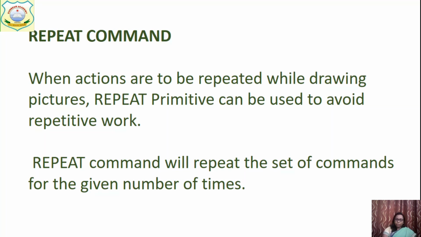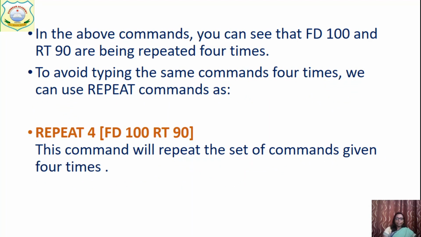Okay, so what will happen then? It will avoid repetitive work. Okay, how? That you will see. We have already done all these things, so I am giving you just a short recap of all this. See what is written here. FD 100 and RT 90: to draw a square we are repeating these commands.